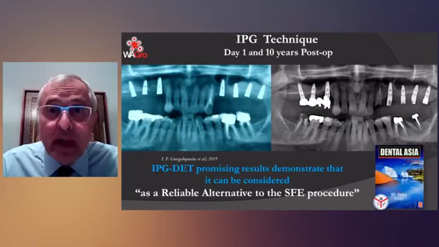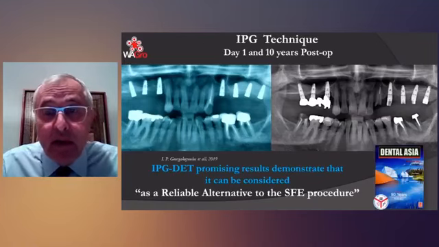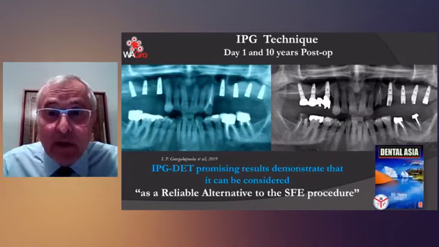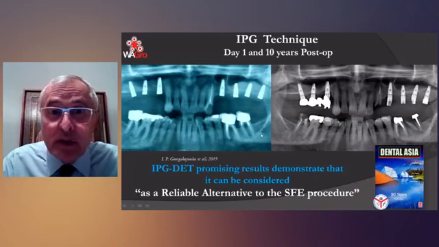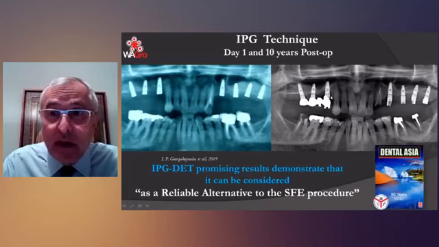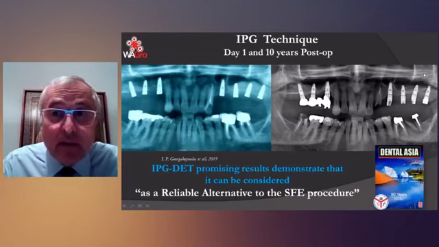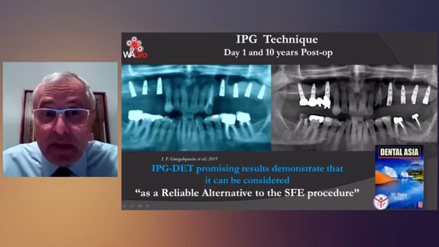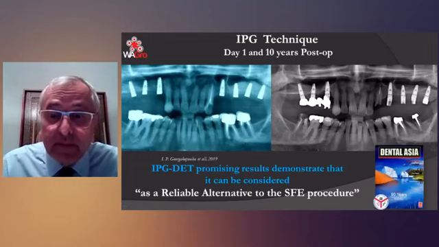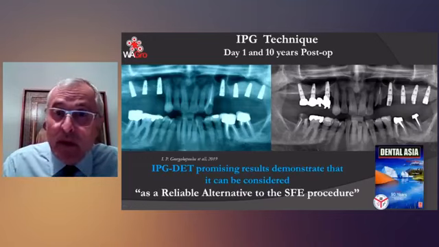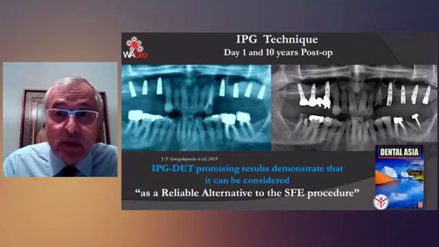The only problem she had was that the bridge came off. And we took a new panoramic X-ray, and you see 10 years post-op, you see here the other teeth. The implants are still there. We cemented the bridge and everything was okay. And now it's 12 years. This case is one of the oldest cases, and it's still going well.